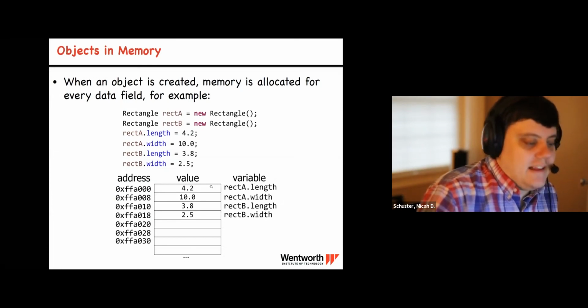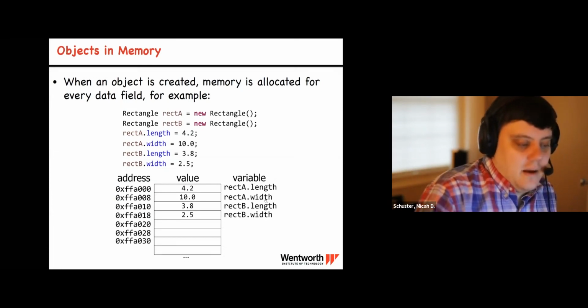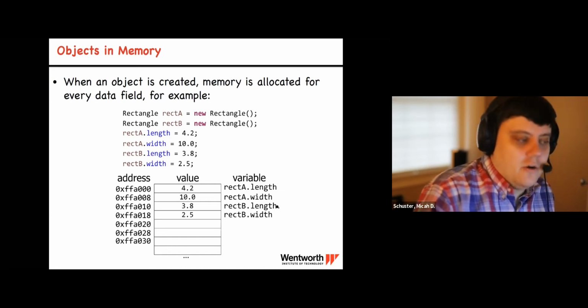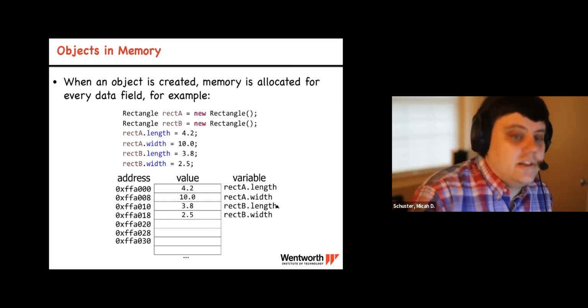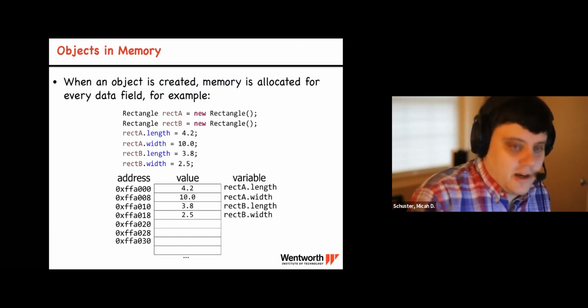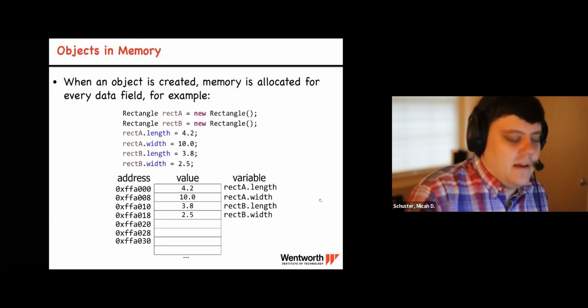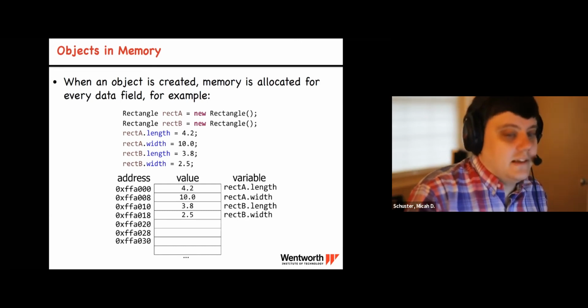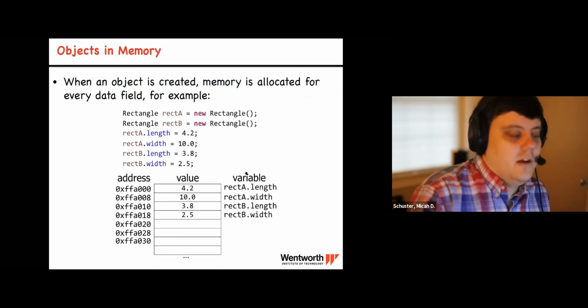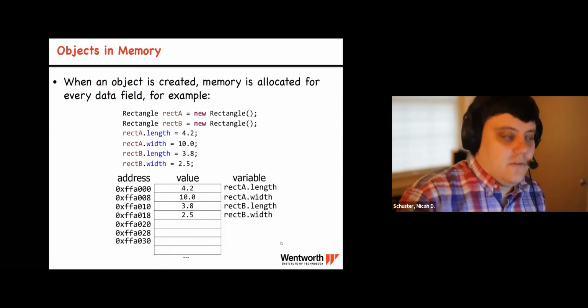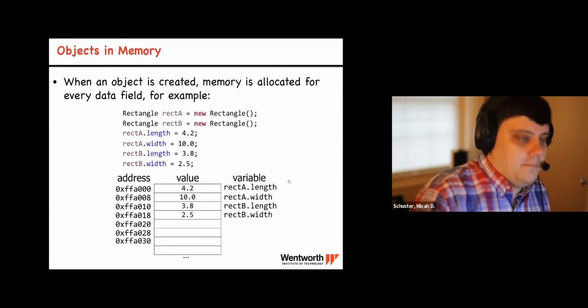So if I were to create, say, 1,000,000 rectangles or 1,000,000,000 rectangles in my code, now I'm going to start using up a more significant portion of my memory. Because even though it's only 2 variables, 1,000,000,000 of them is actually a lot. It's going to be a lot of space on your computer. So it is worth keeping this in the back of your mind, that whenever you create a new object, it does take up memory in your RAM.